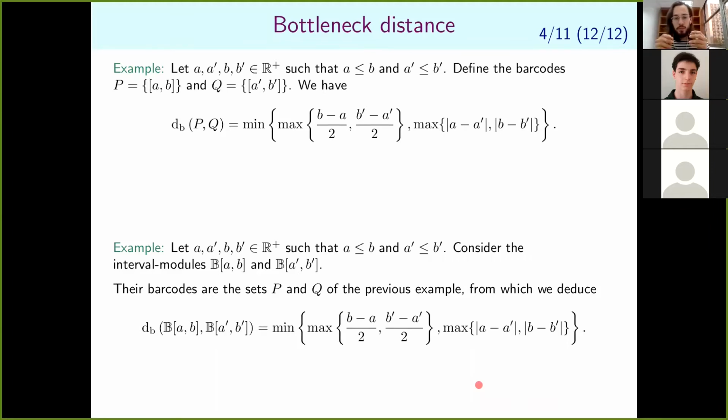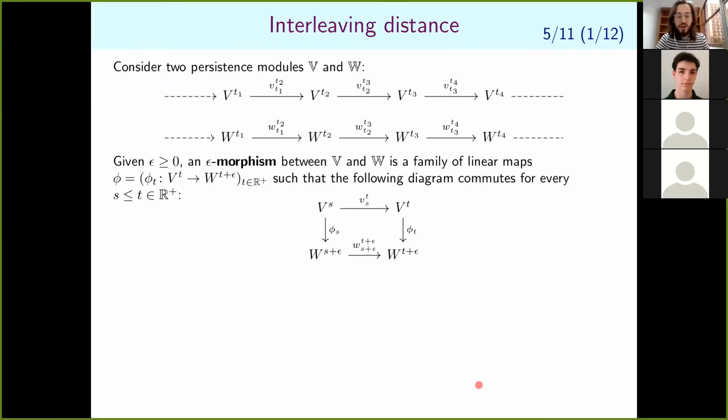This is really a geometric, nice, understandable distance. Now we will define another distance, more algebraic, which will be very useful, and it's called the interleaving distance.